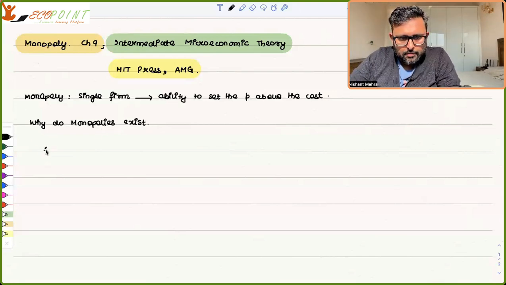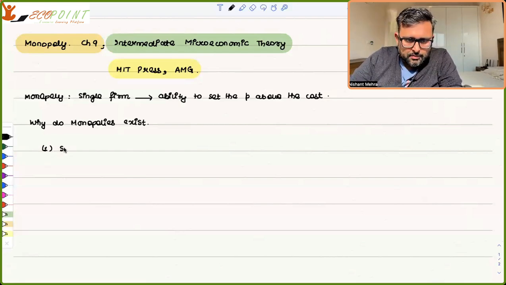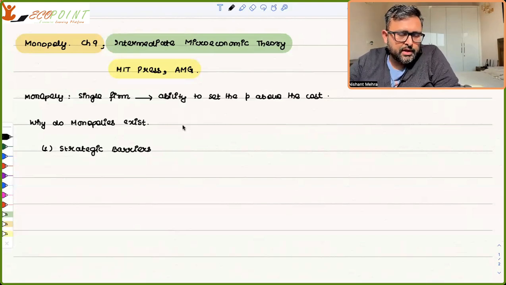One is strategic barriers. They take advantage of strategic barriers so that the other firms cannot enter. And if no other firms are entering, only one firm remains, and that firm can operate as the monopoly.